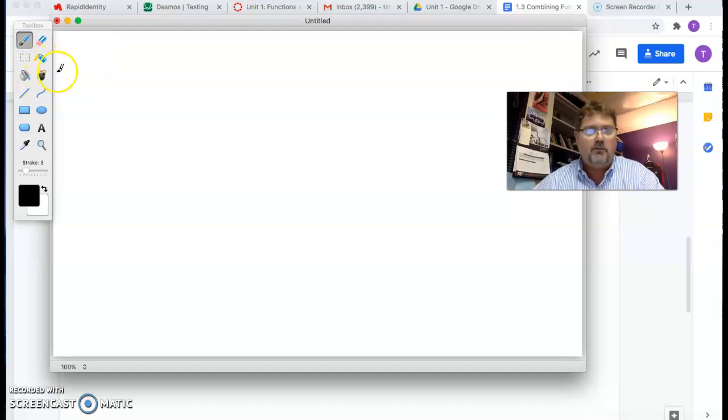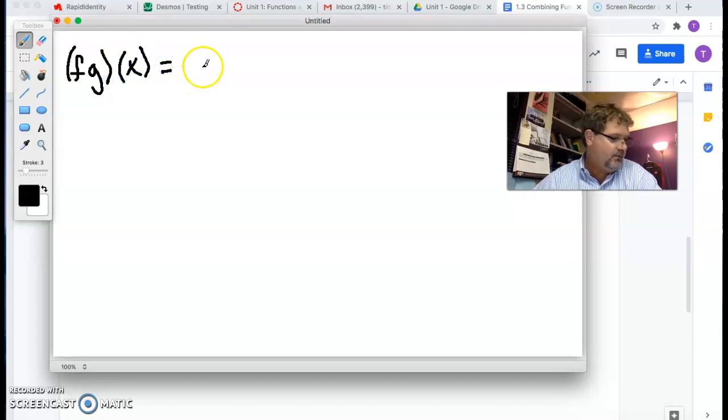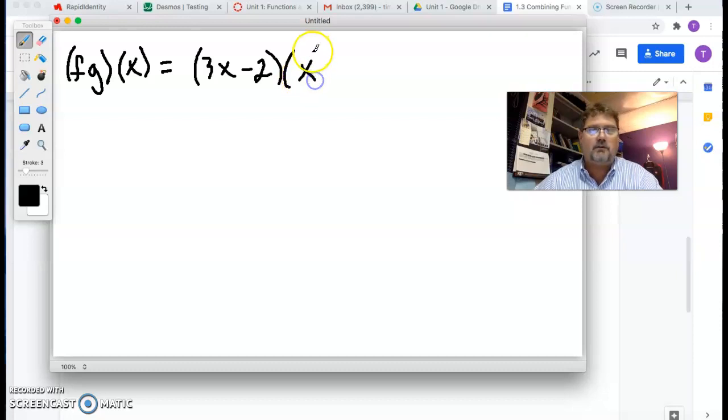We've got f times g of x, and that's equal to f, which is 3x minus 2, and g, which is x squared minus 4. Now I just need to multiply these together. You do need to simplify these to get them right.